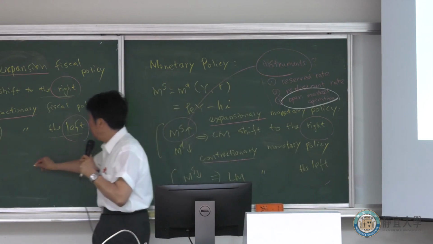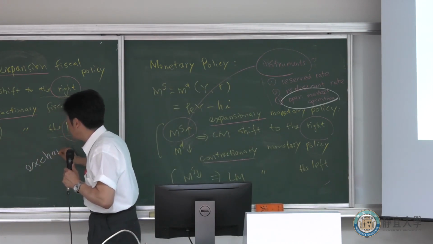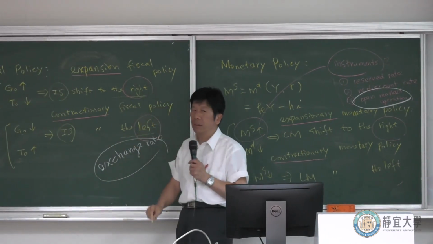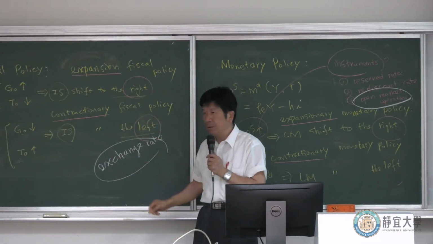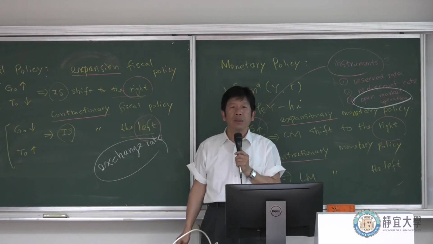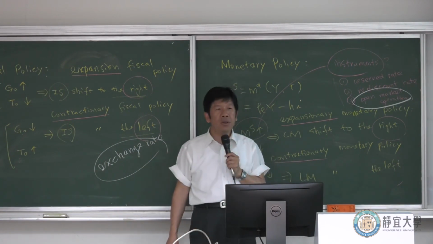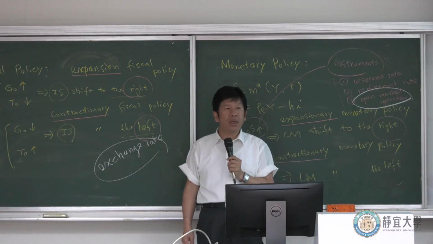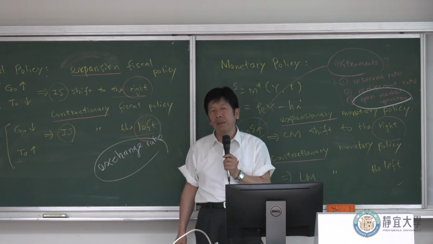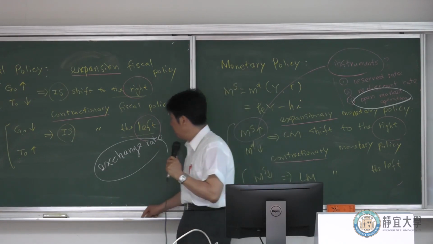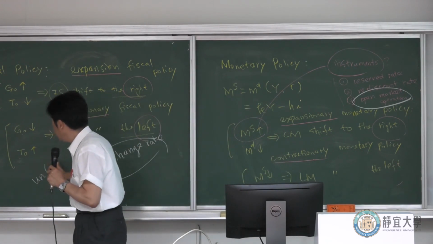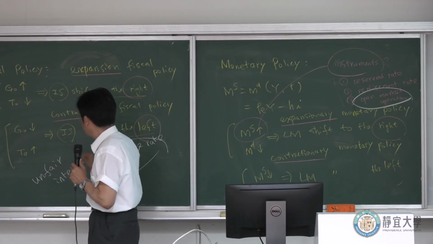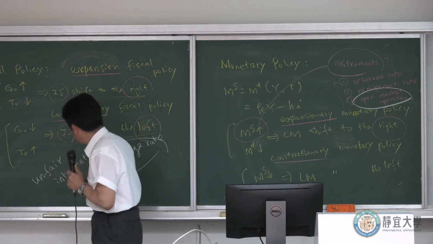Because each country controls the exchange rate, because we must control it. Sometimes the American government says the Asian countries always control the exchange rate, so this is unfair international trade.